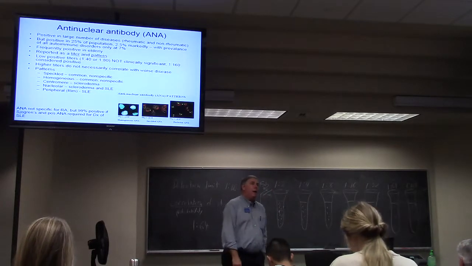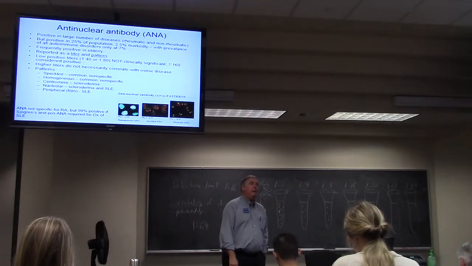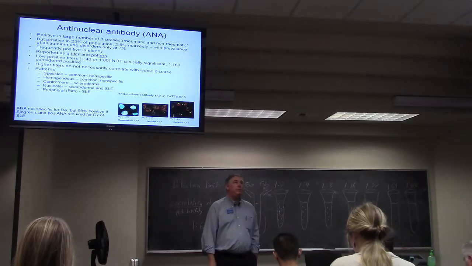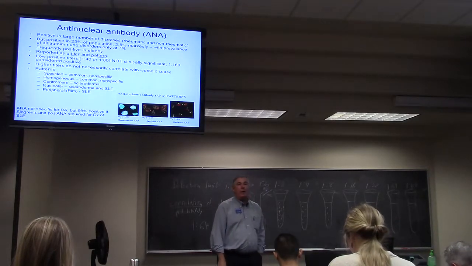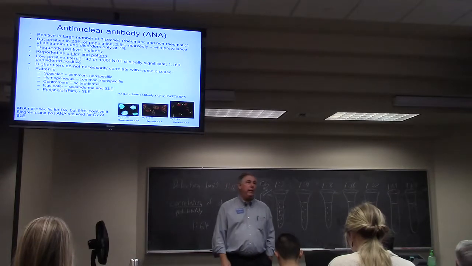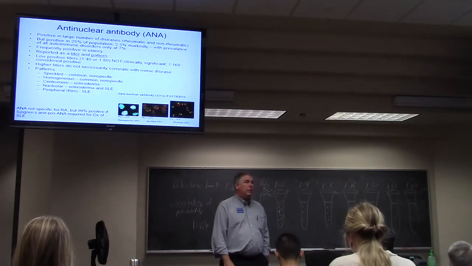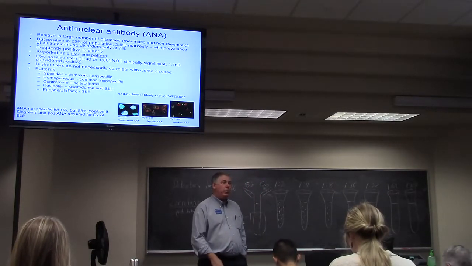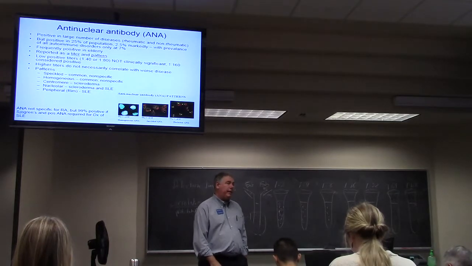ANA is positive in 25% of the population. If you're 80 years old, it's most likely going to be positive. So when you get an ANA, you're going to get three things.